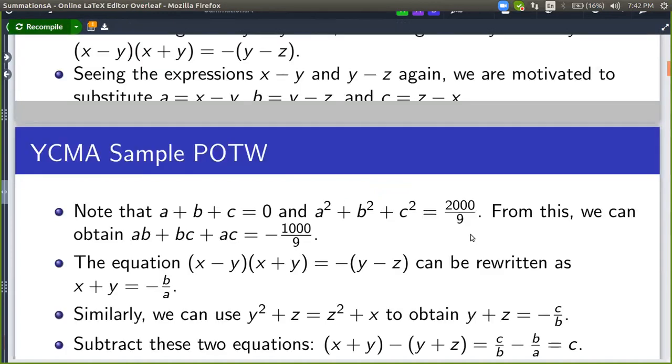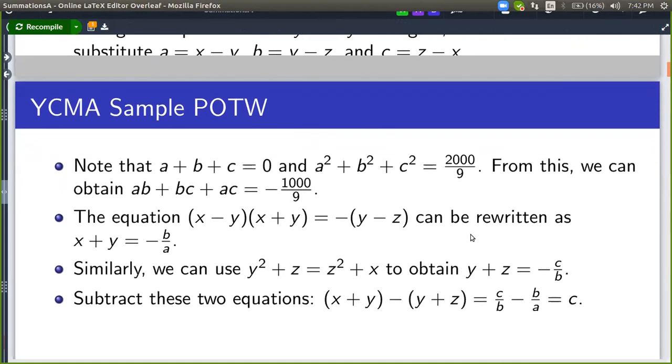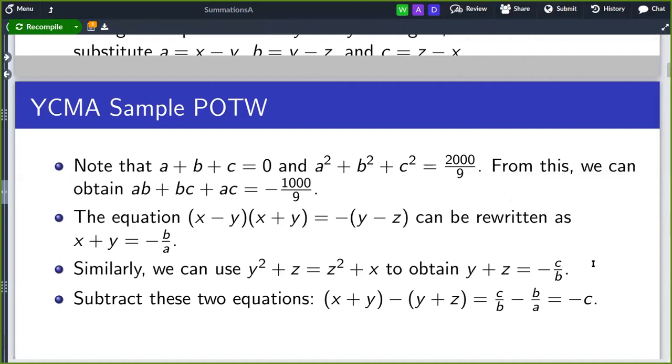We're going to try that. If we do that, then we get, oh, that should say negative c. Okay, so now we have another equation with a, b, and c.